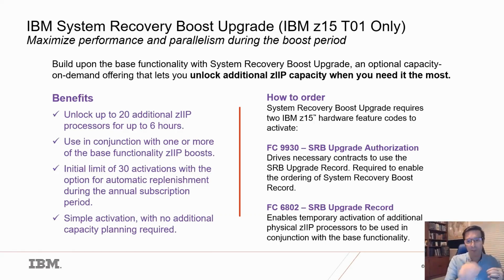Once you start the boosting period, these additional dark engines come online as zip engines, and I can now use those in conjunction with my zip boost to have tremendous additional parallelism in bringing up my system as fast as possible.